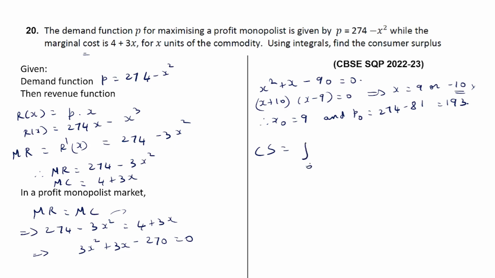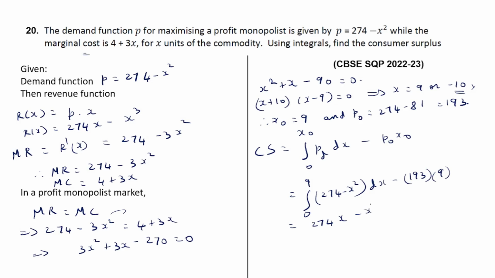Now we can find the consumer surplus. So consumer surplus is given by integral 0 to x naught, demand function dx, minus P naught x naught. So here it is integral 0 to 9, demand function is 274 minus x square dx, minus P naught is 193 and x naught is 9. So when we integrate, we get 274x minus x cube by 3 with the limits 0 to 9, minus 193 into 9, it is 1737.